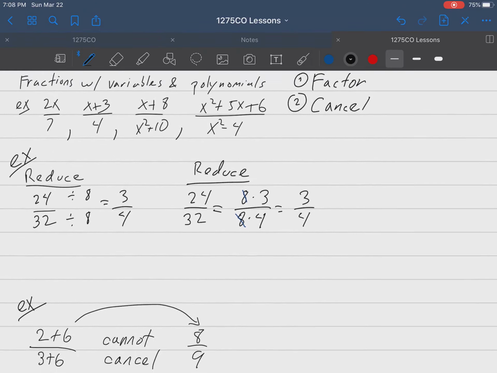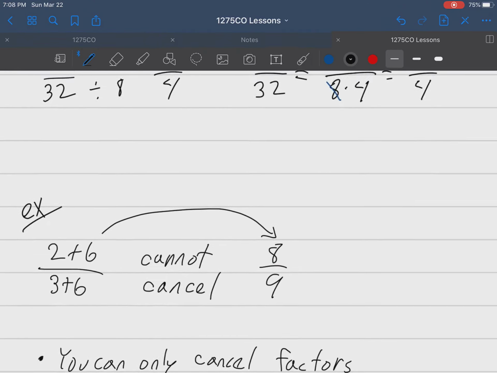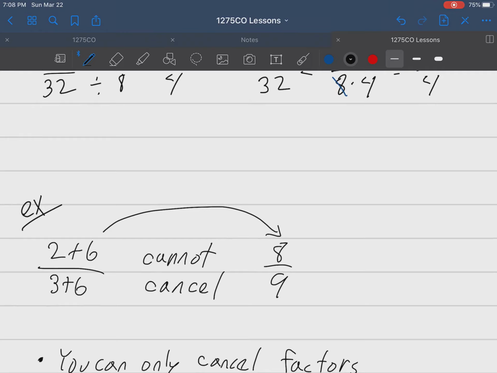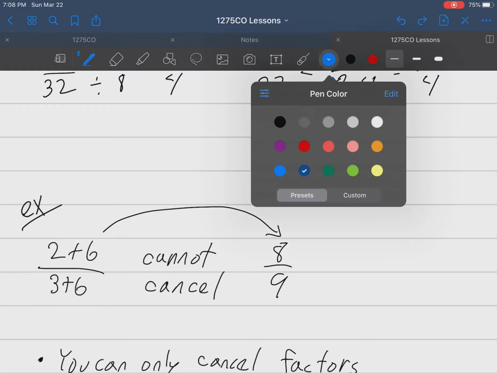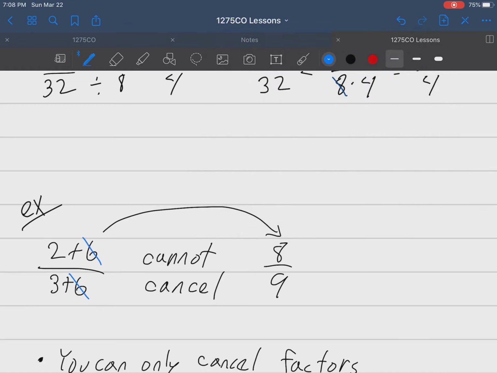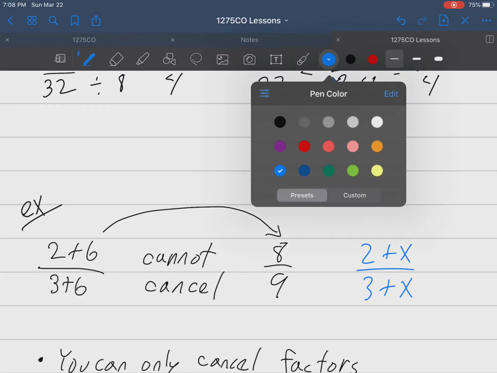Now, one thing that is very important, a very common mistake: if we have a fraction that says 2 plus 6 over 3 plus 6, for instance, it looks like the 6's can cancel out, which is something very common that I see. Like this, 2 plus x over 3 plus x is a rational expression.